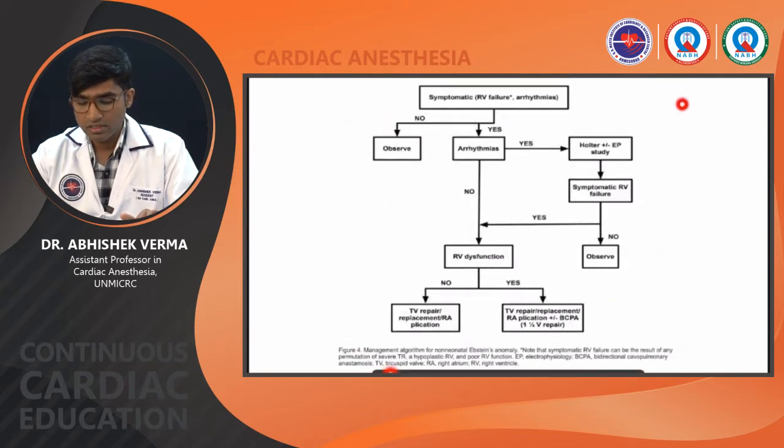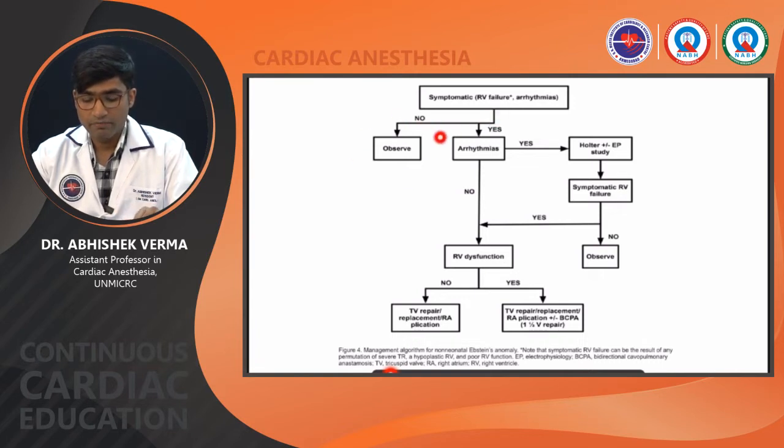This is the whole chart to manage the older patient. Because the patient has crossed the neonatal period and comes with symptoms, this Ebstein anomaly is in its mild or moderate form. If the patient is symptomatic, or RV failure or arrhythmia is there, then we act; if not present, we only observe and do nothing.